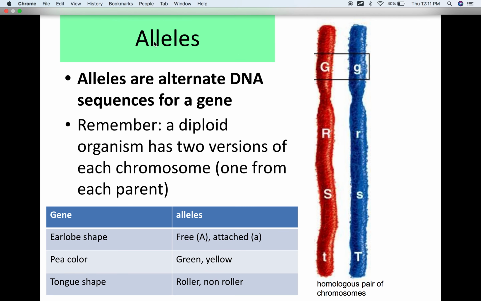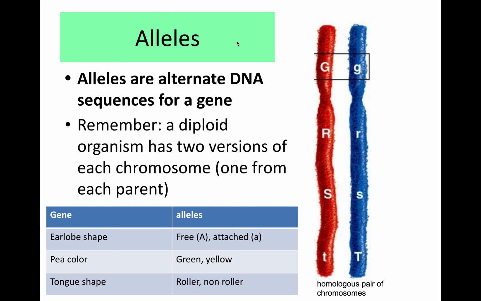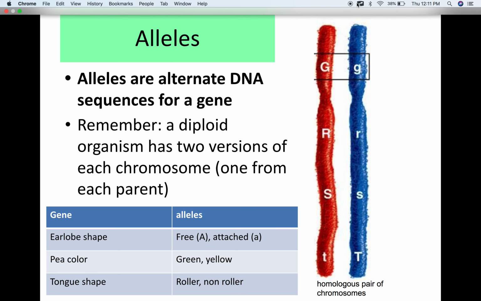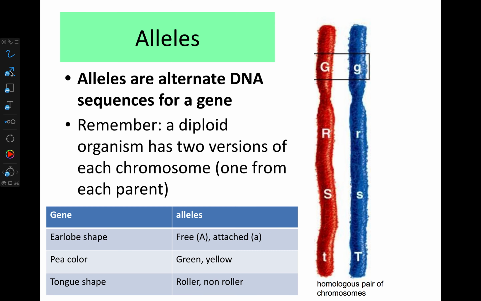Okay, we can go back and talk about this word allele. Alleles at their core are different sequences of DNA. For example, let's look at these two G sequences. Let's say that capital G means brown eyes, and lowercase g means blue eyes.